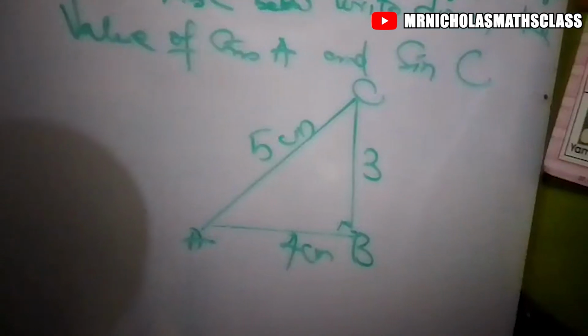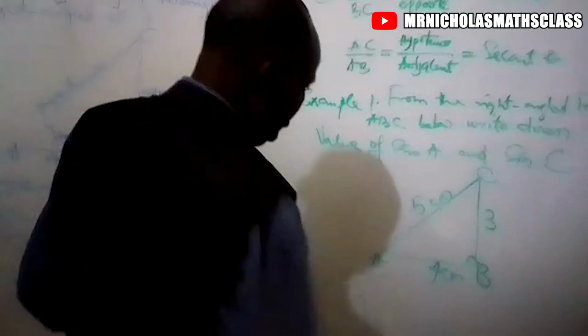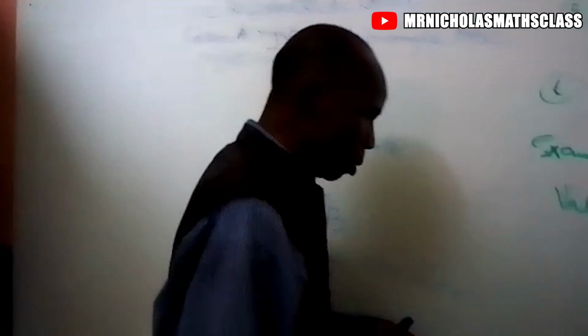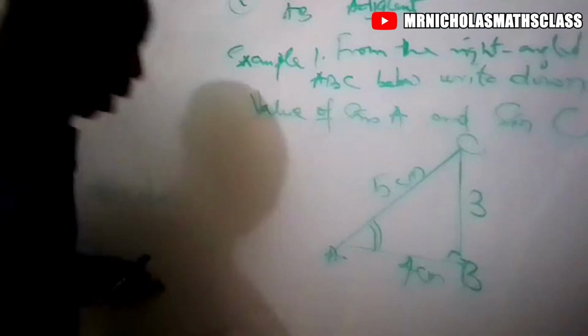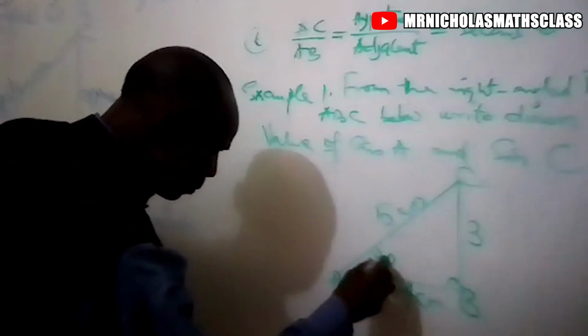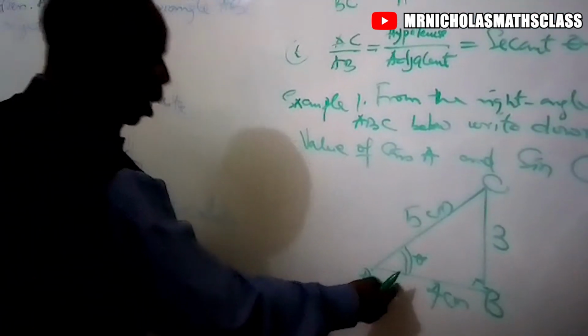Then we are asked to write down the ratio of sine A. We are looking at this angle. I want you to listen. When we say sine A, this is the angle we are looking at. This angle will be called theta. If we are looking at angle theta, here is opposite, here is adjacent, and here is hypotenuse.